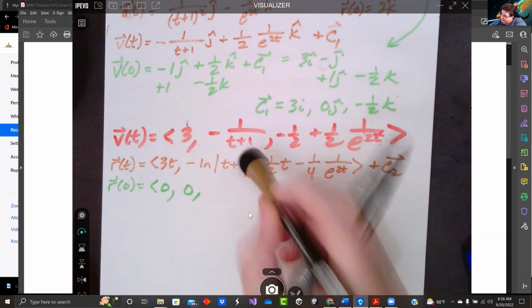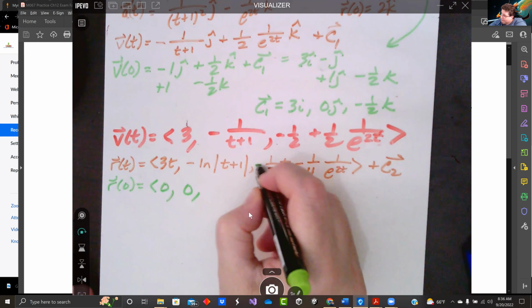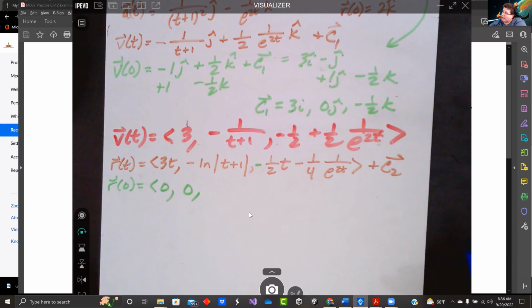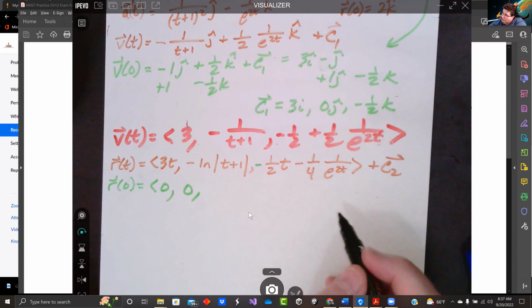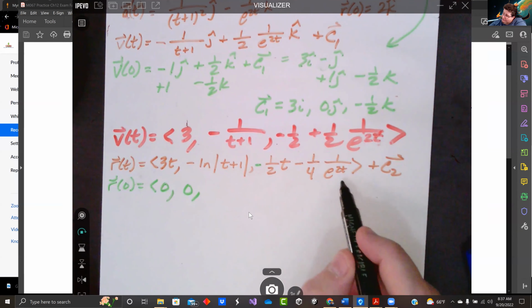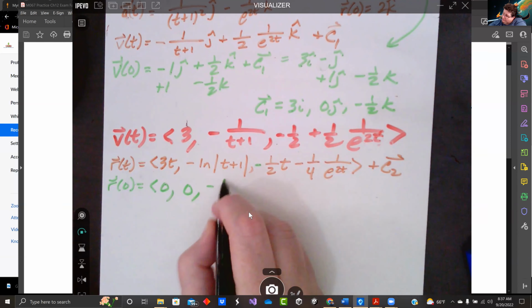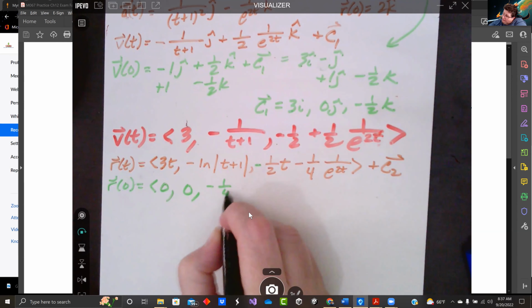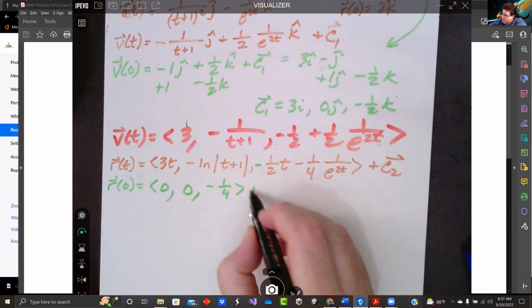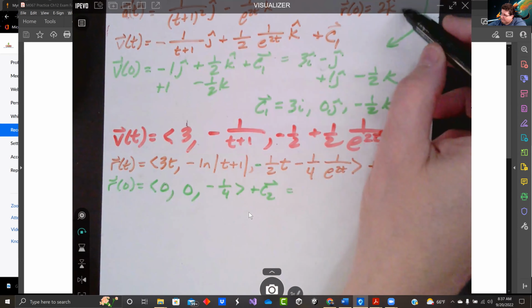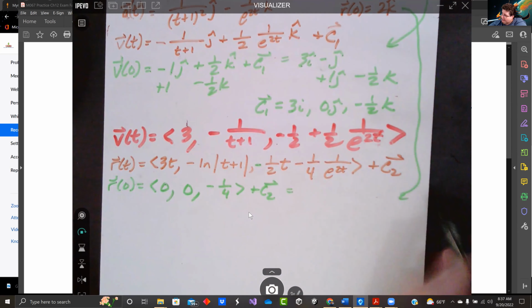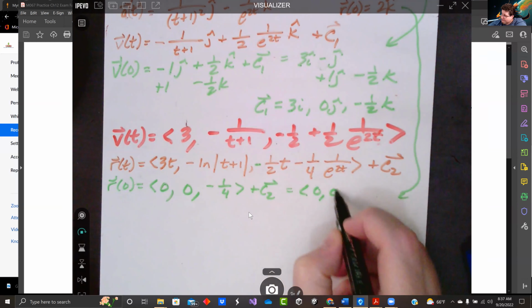That doesn't look like a negative, so I'm going to rewrite that to make it clear. I plug in 0 there, I got a 0 minus 1/4, 1 over e to the 0 is 1, so just minus 1/4 plus C2. And that should equal my R naught from up there, which is 0, 0, 2.